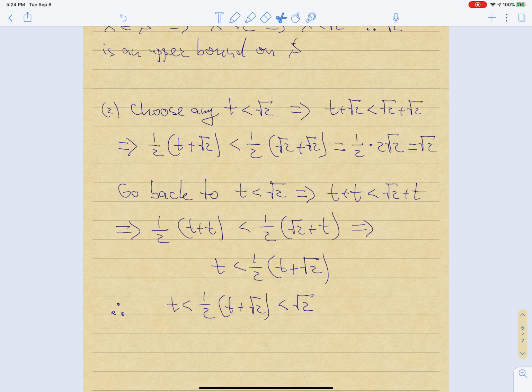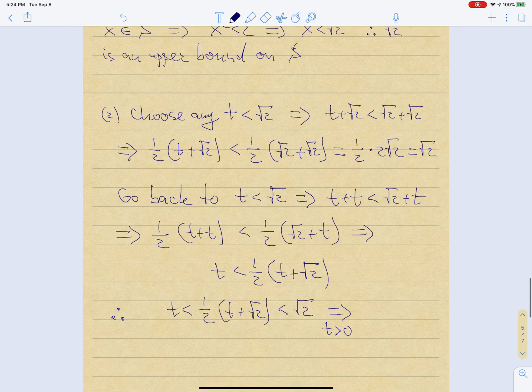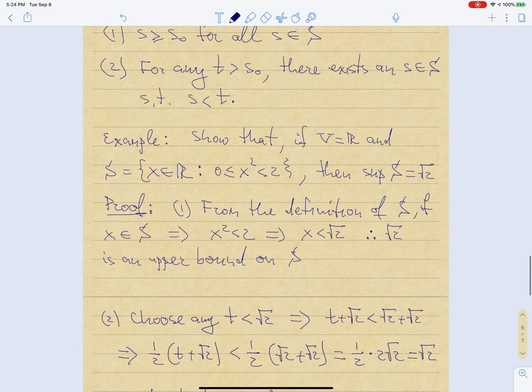So if t is greater than 0, this would imply that, in fact, t plus square root of 2 divided by 2 is going to be an element of the set S, right?